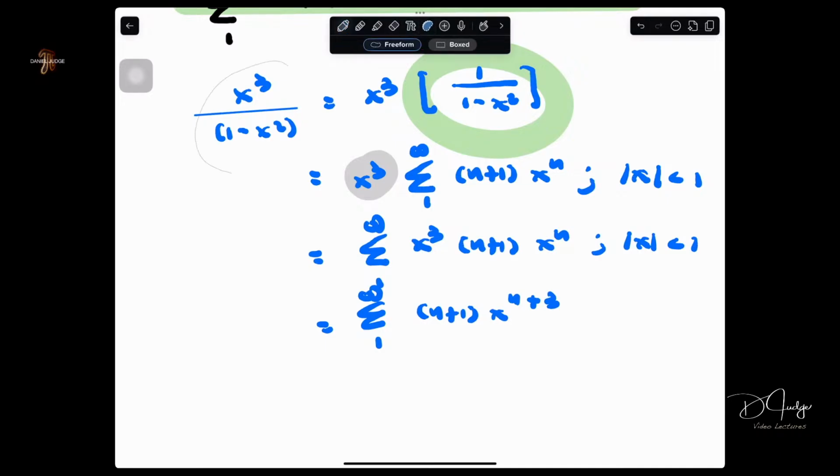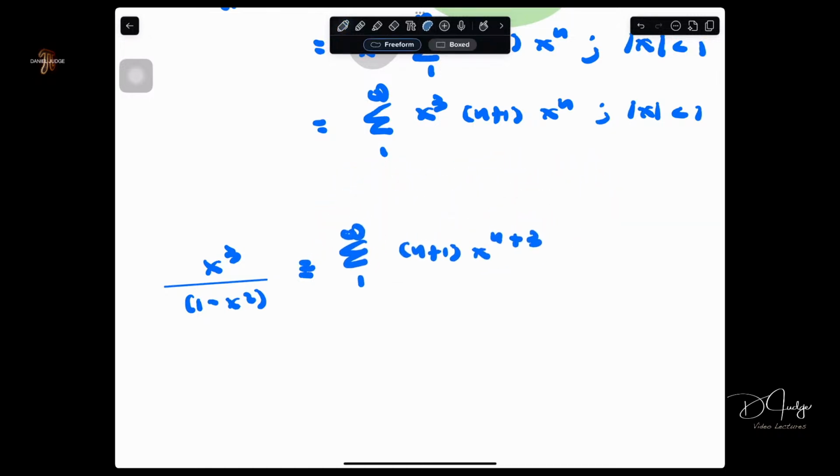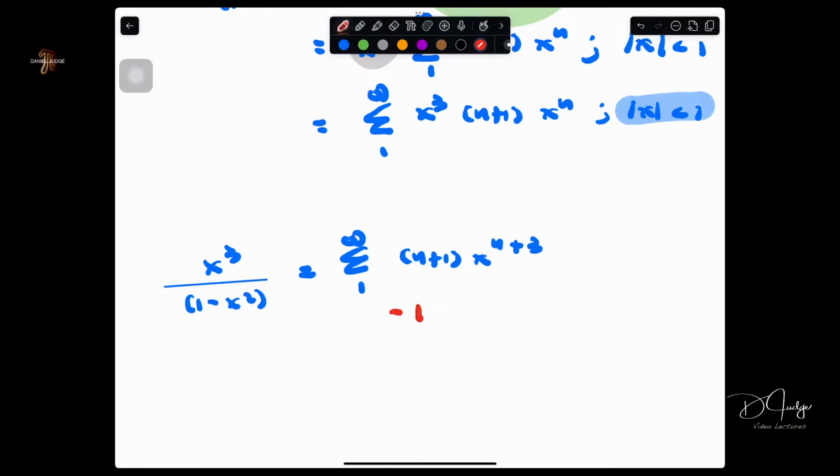All right, let me write this whole thing down. This function is represented by this power series. And the absolute value of x now over here is really, again, for negative 1 less than x less than 1. And it's an absolute value inequality.